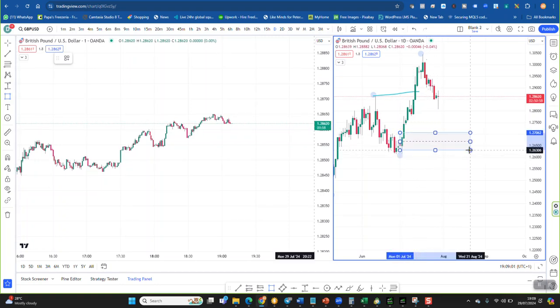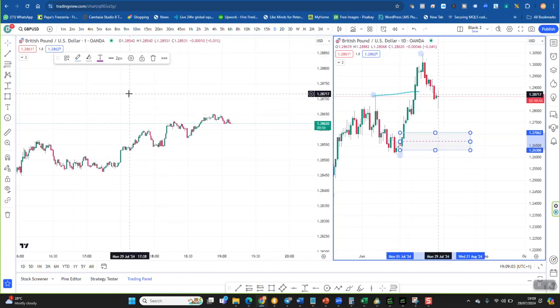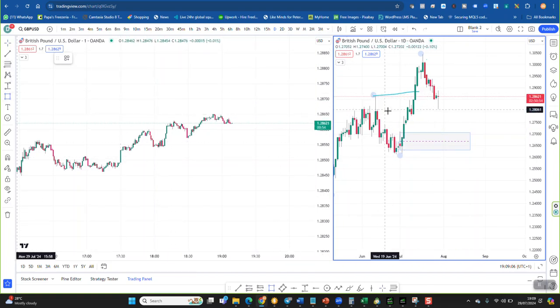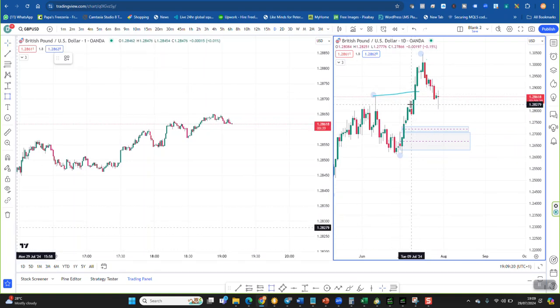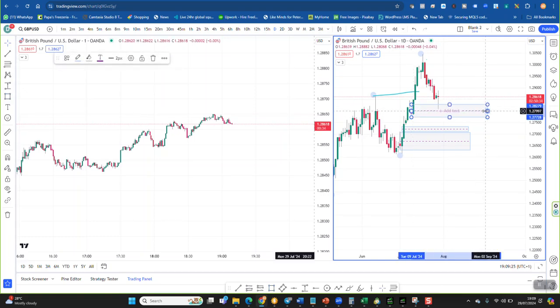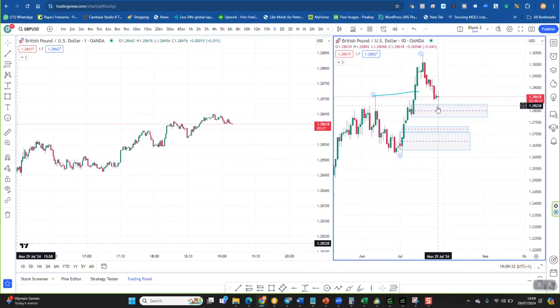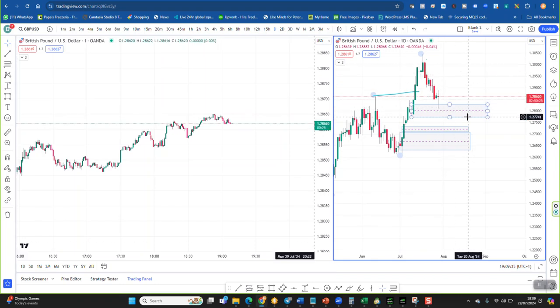There is also, just above it, a fair value gap around here, right? But I'm looking at the extreme here, and then there's a decisional zone here, which is the first zone, the last move that led to the high. And from this area here, you can see price touched it and then started to pull back.